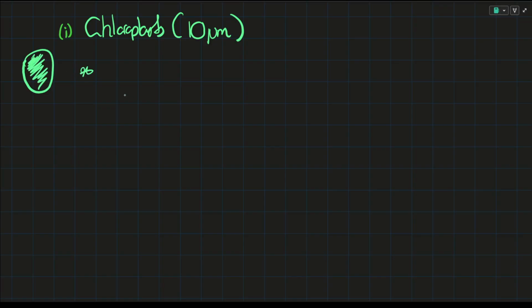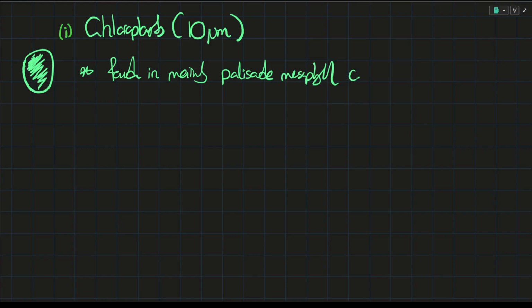The first important thing I'm going to talk about chloroplasts is that chloroplasts are found mainly in palisade mesophyll cells. Now, chloroplasts are mainly found in plants, we agree, producers, but inside the plant kingdom, under their cells, they are found mostly in the palisade mesophyll cells.